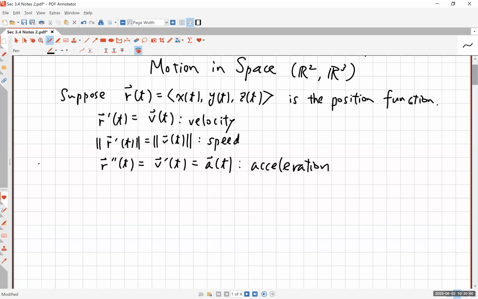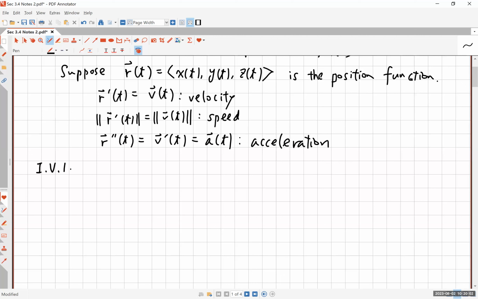Now we have a typical kind of question called IVP, the initial value problems. You should be familiar with this term. So what is that? We are given some initial values.